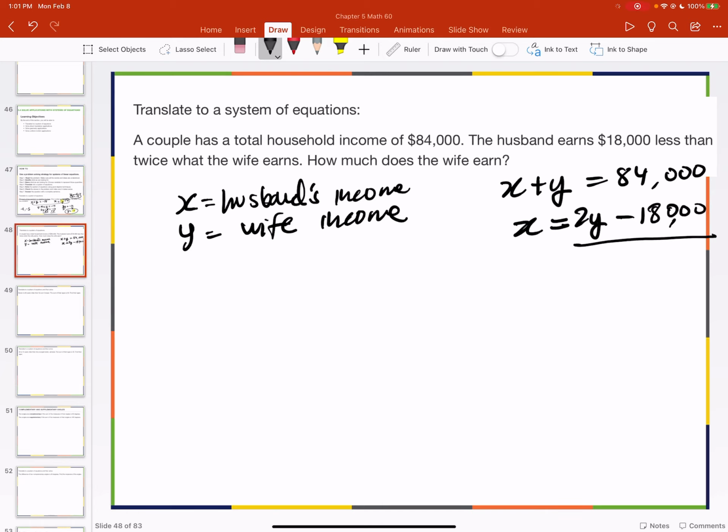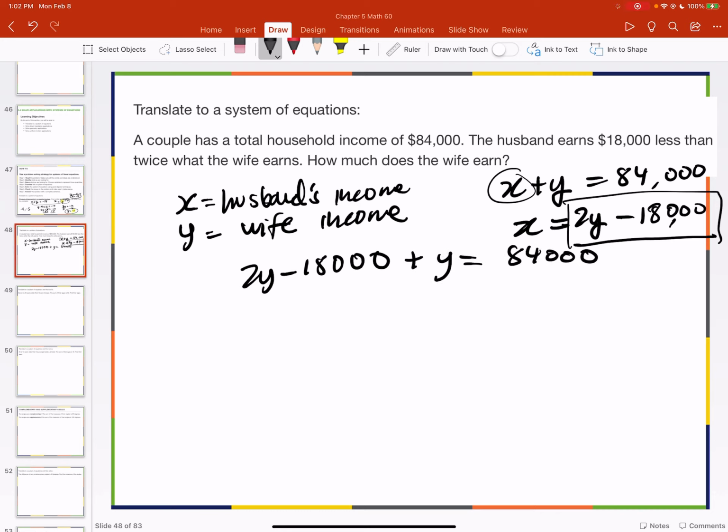So let's go ahead and use substitution. Instead of x here, we're going to put this here. So 2y minus 18,000 plus y is equal to 84,000. Then 3y minus 18,000 is equal to 84,000.